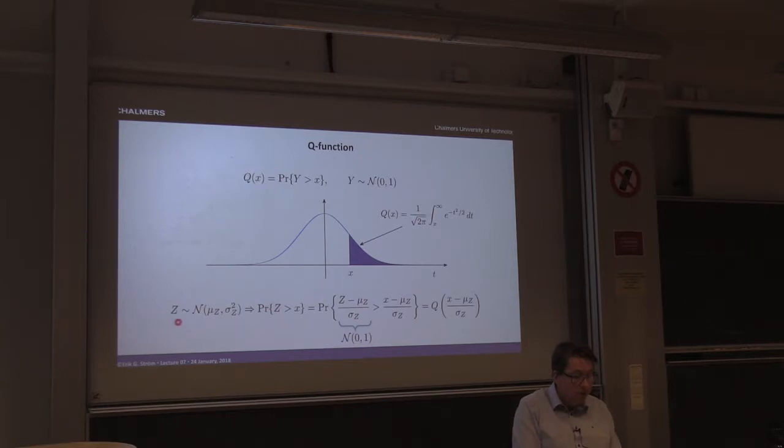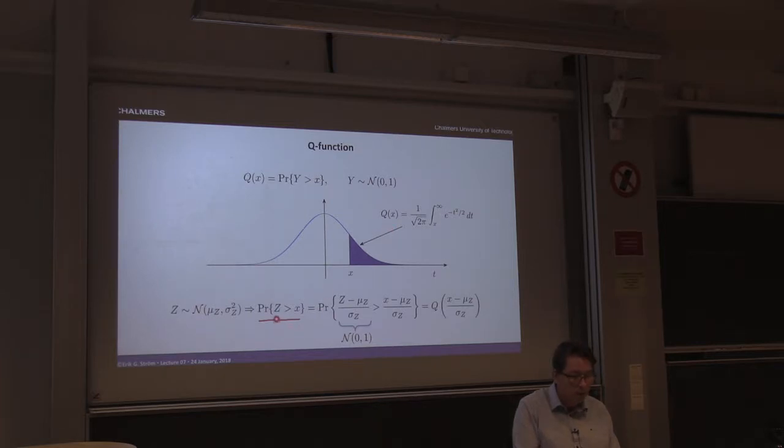Now, if Z is a Gaussian random variable with some mean mu_z and some variance sigma_z squared, and we want to calculate the probability that Z is greater than x, which is something we are sometimes very interested in, how can we use a Q function to figure this out?